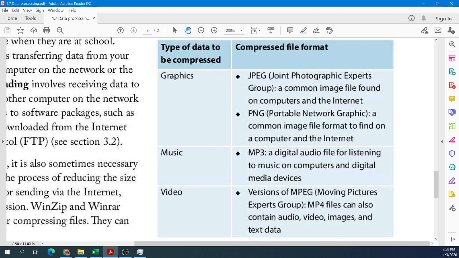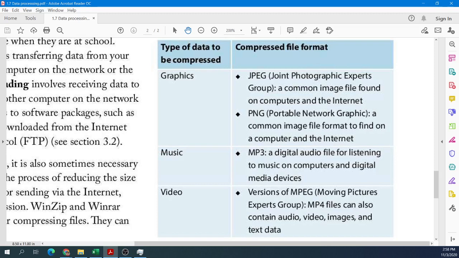Sir, most people's mics aren't working. Okay, Kezia, can you read for us? You read the type of data and then you read the compressed file format for that one.